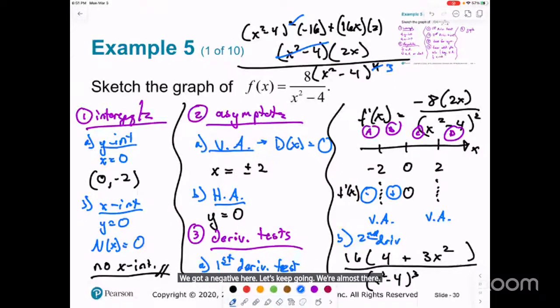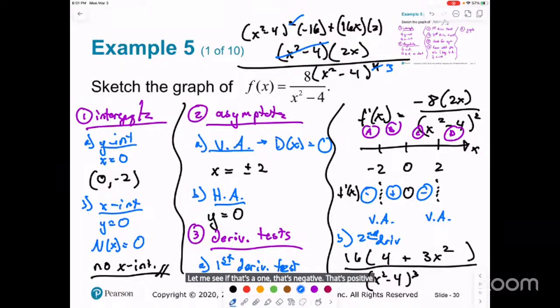In region C, let's use +1. If we plug +1 into the first derivative, we get a negative on top. We get a positive on bottom. So ultimately, this guy is negative. And if we choose something like 3 into the first derivative, we get a negative on top, positive on bottom. It looks like it's a double negative. Am I doing that right? Let me see. If that's a 1, that's negative. That's positive.